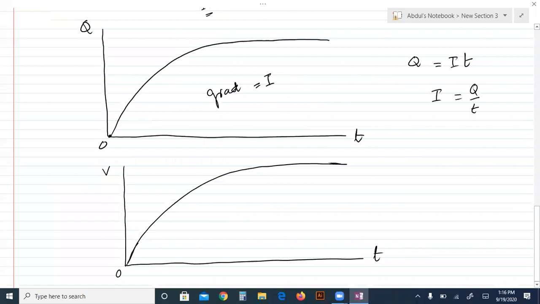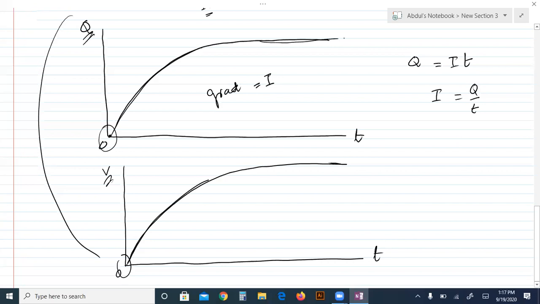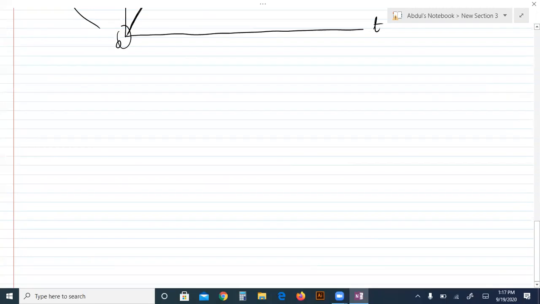Then these two graphs for the capacitor, charge on the plate of the capacitor and voltage on the capacitor: look at them, charge 0, so voltage 0. Charge increasing, voltage increasing. Charge becomes constant, voltage becomes constant. So we can write that charge of the capacitor and voltage are directly proportional to each other.